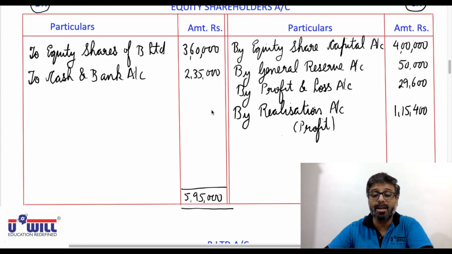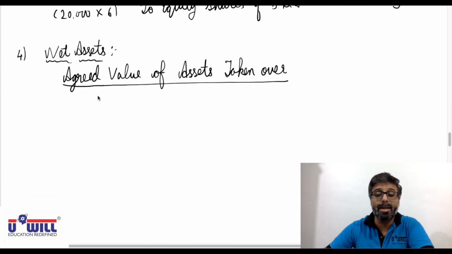So 1,70,000 itself. Land and building 1,70,000.